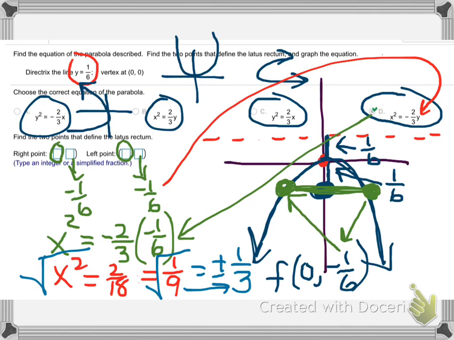So that means the left endpoint is going to be the negative 1/3, and the right endpoint will be the positive 1/3. So you have 1/3 on the right, negative 1/3 on the left, and that's the ordered pair for the latus rectum.